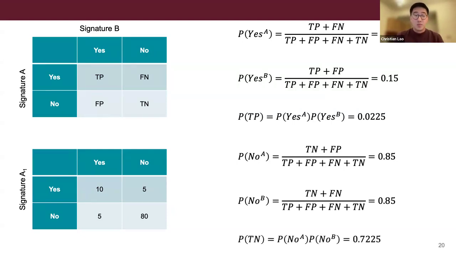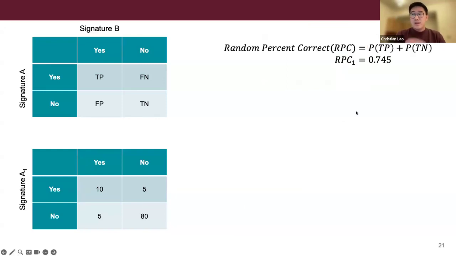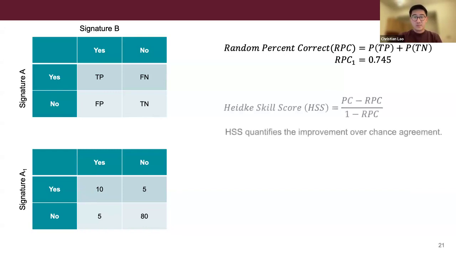And then you can get your probability of a true negative as your probability of a no in both signature A and signature B. And that evaluates your probability of true negative of 0.7225. Then you can evaluate this thing called a random percent correct, and that's just your probability of getting a true positive plus a probability of true negative. For the toy example case, that's 0.745.